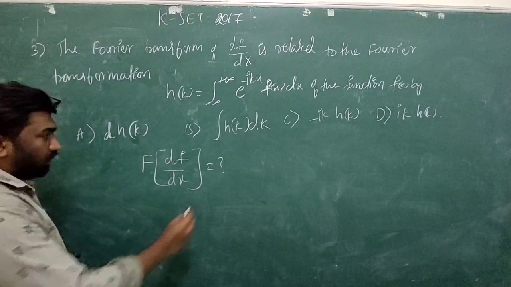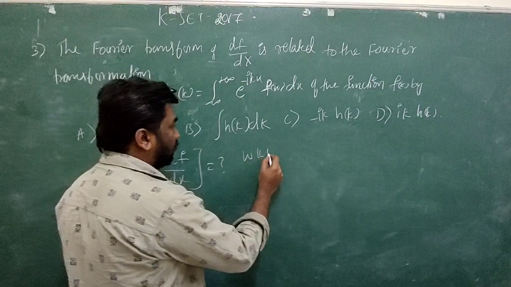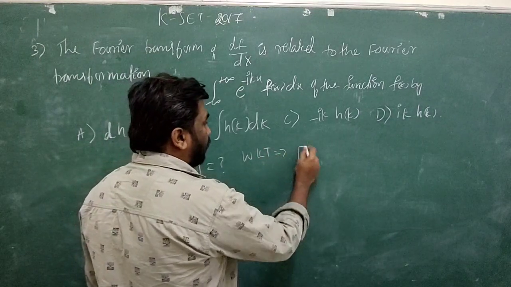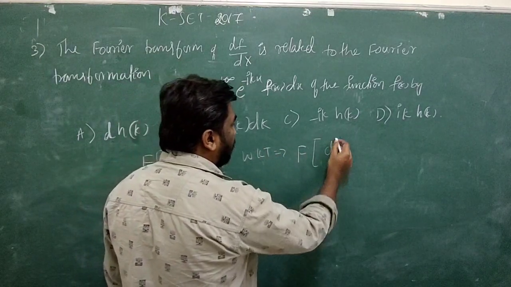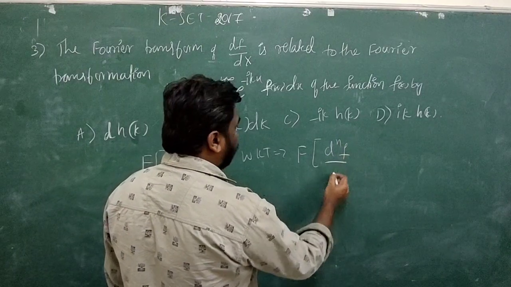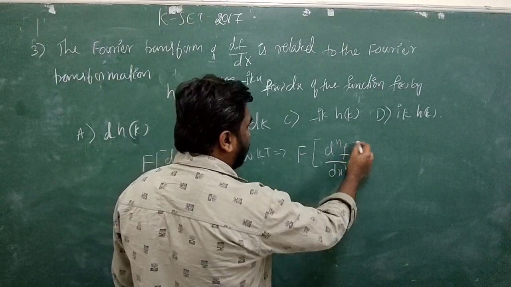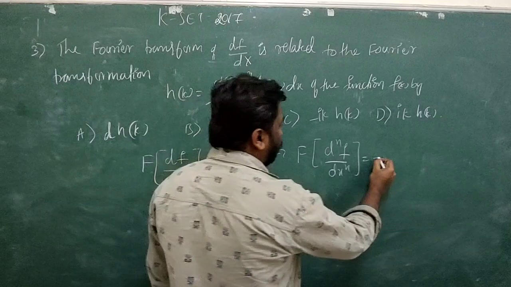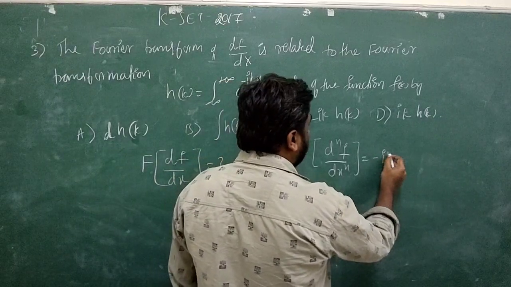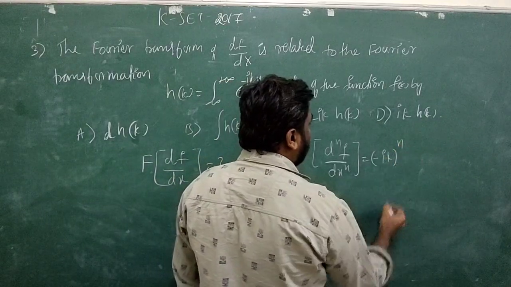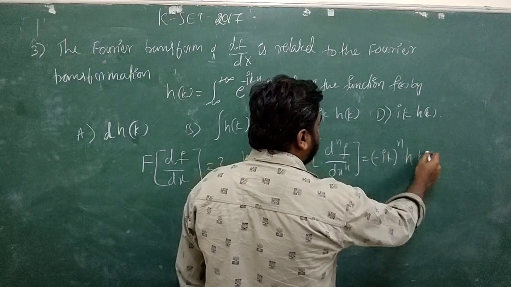We know that the Fourier transformation of d power n f by dx power n is equal to (minus ik) whole power n into h(k).